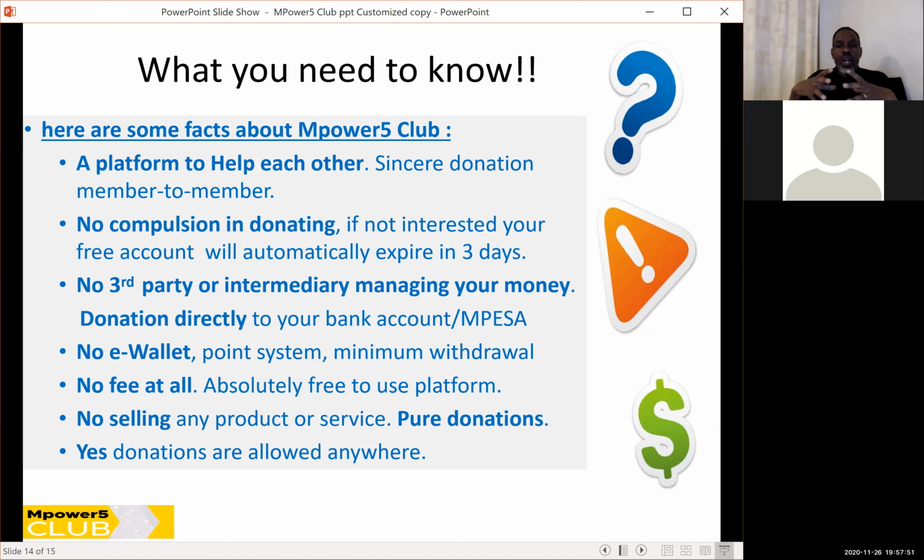In fact, what makes a pyramid a scam is when you are giving the money to a particular company, and it's the company that then redistributes the money back to members. What normally happens with these companies is that they already have a target of how much they need to raise. So whenever they hit their target, they just close the system.